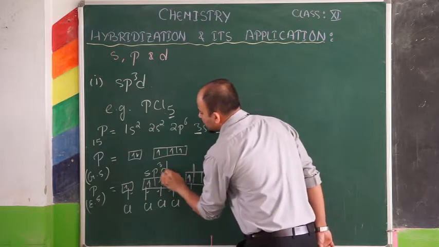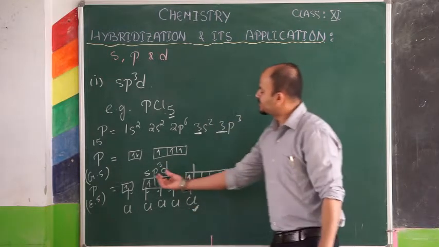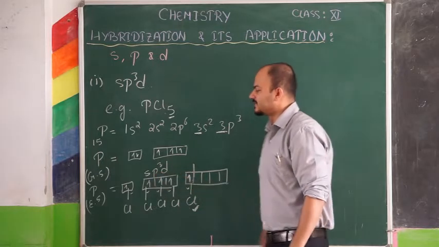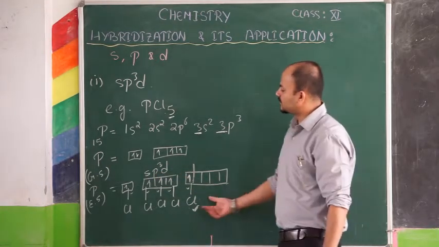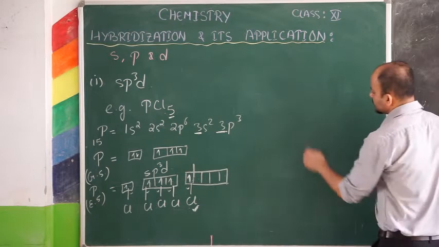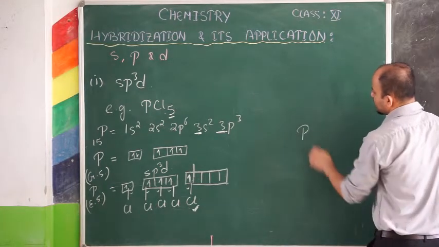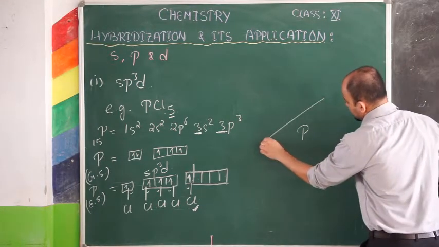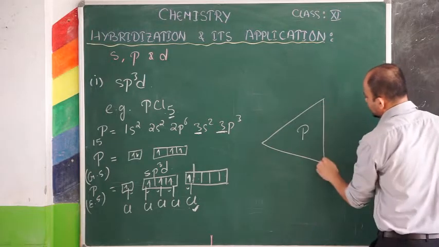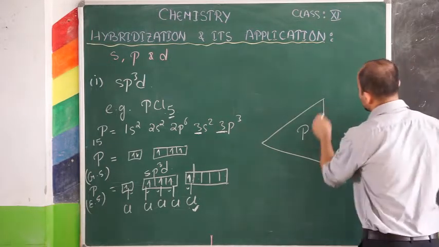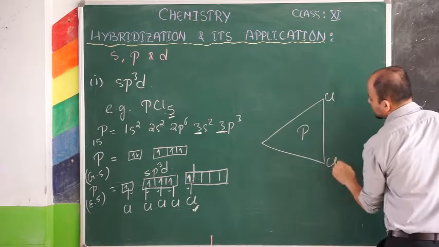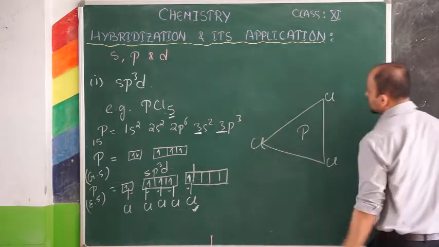Only 1. Therefore its hybridization is sp3d hybridization, and in the geometry of such a molecule phosphorus will be the central element, and the 3 chlorine atoms will be lying at the corners of an equilateral triangle.